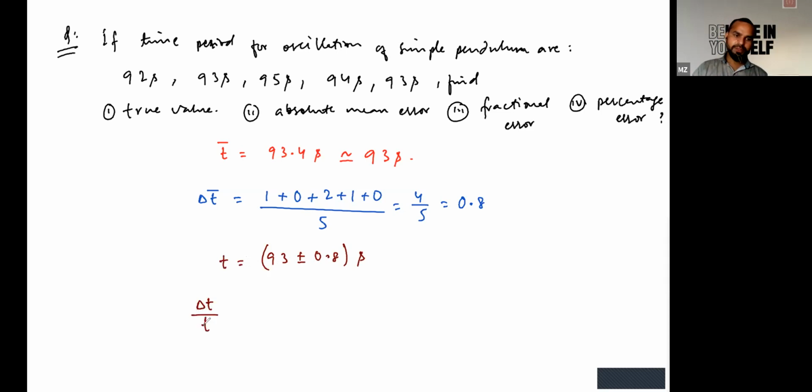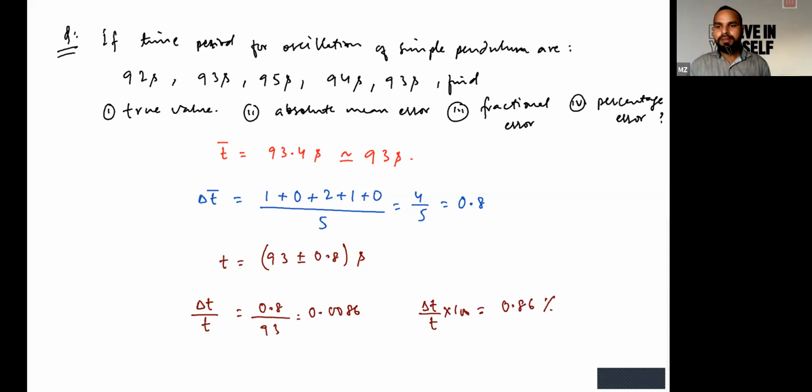Fractional error is equal to delta T divided by T. So it will be 0.8 divided by 93, or while taking percentage, just multiply by 100. So it will be 0.86% and it will be 0.0086. Good.